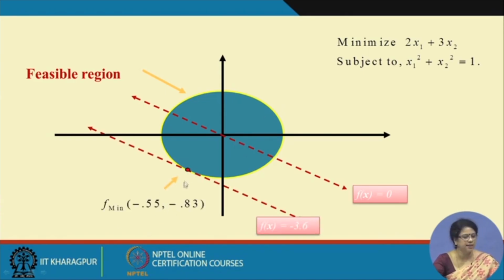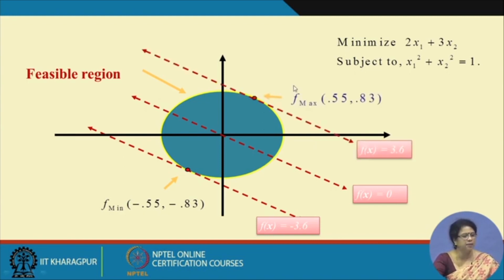That is why you see this is the minimum for us, because if I go beyond this point, then I will be out of the feasible space, and that would be the minimum point. I did not need to explain this part because you must have done the graphical solution of linear programming. Here it is the same way, the only difference is that the feasible space is non-linear in nature.